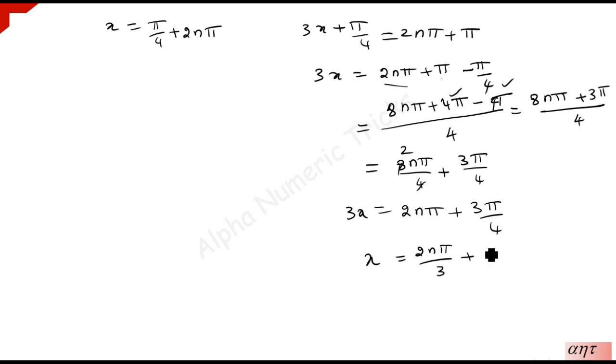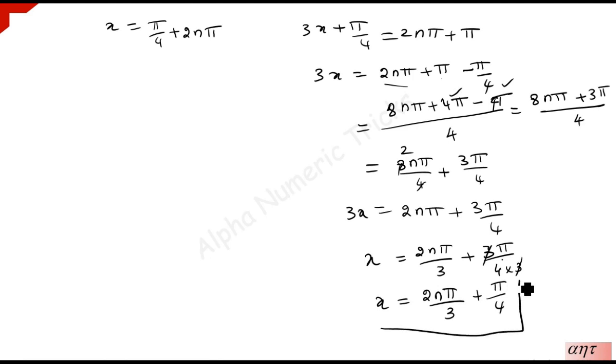You have to take this 3 here, 3 pi by 4 into 3. 3 gets cancelled. So x is equal to 2n pi by 3 plus pi by 4. This is another value for x.